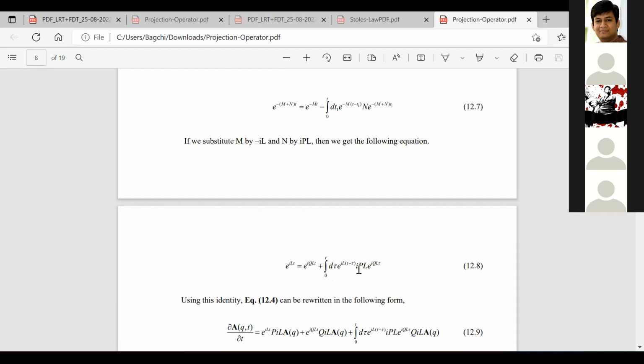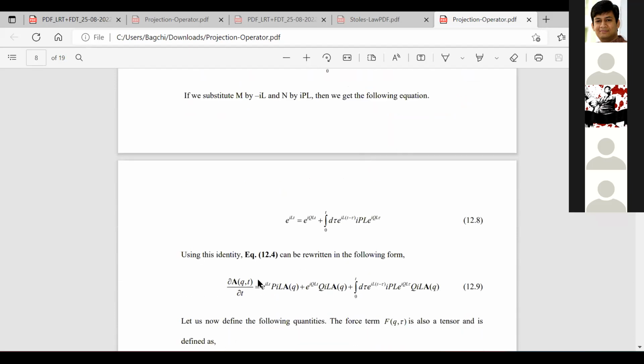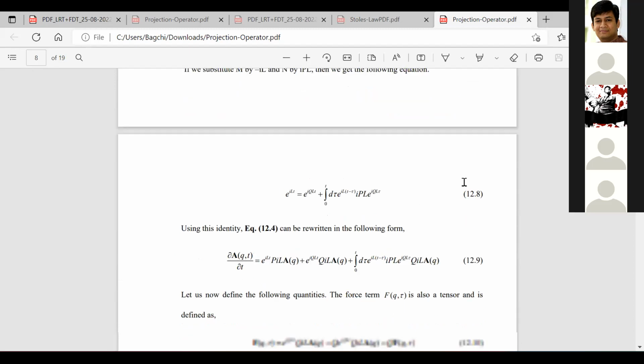Okay, so m is by iL, n is by iPL. If I make that identification, this quantity is general, it's an identity. All I have done is m by iL, n by iPL. Then I get that equation.